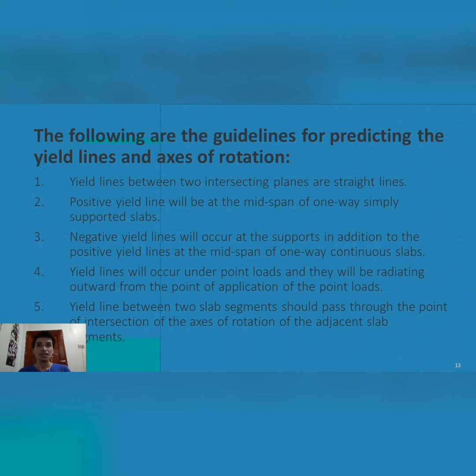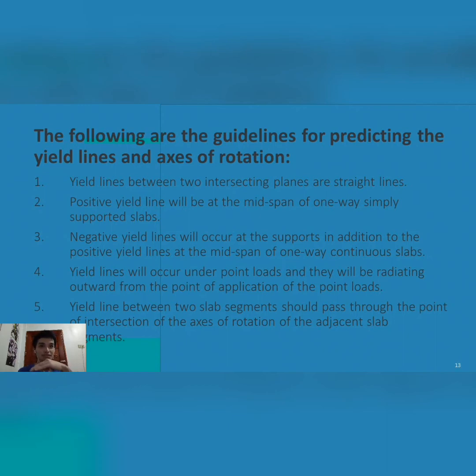Yield line between two slab segments should pass through the point of intersection of the axis of rotation of the adjacent slab segments. So, pagka yung yield line daw ay nasa gitna ng dalawang slab, kahit may support siyang ganun sa gitna, syempre yung yield line mo, nasa gitna siya mismo nun dahil ang sinusuportahan lang naman nung support mo is yung pinagpapatungan ng slab mo.